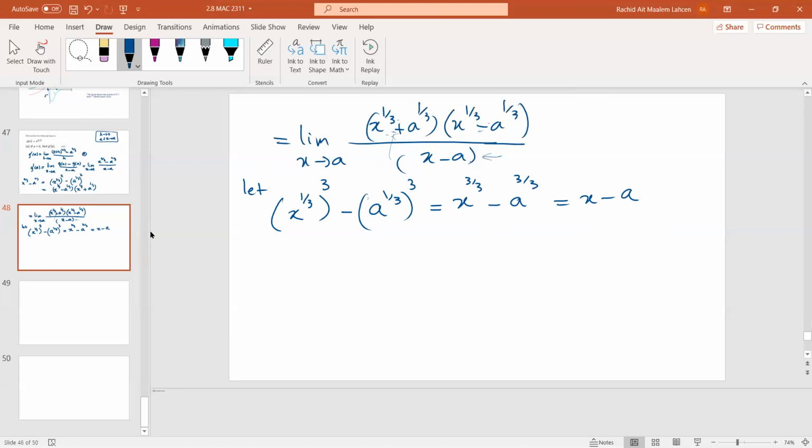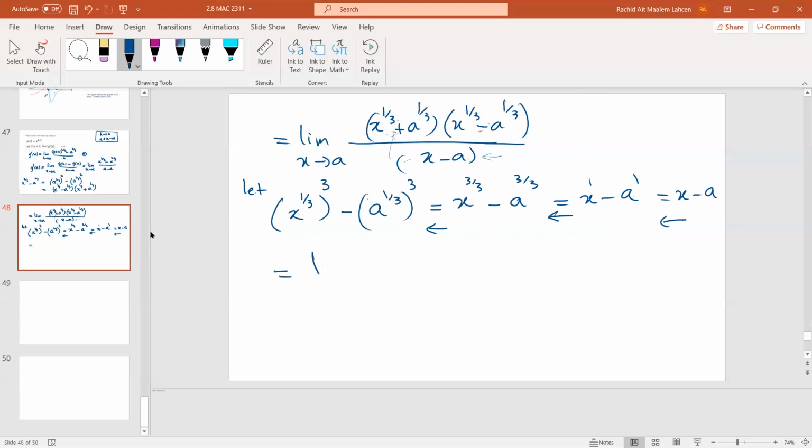So the way we figure this out is by going backward. For x minus a, we know we want the third there, so it has to be 1/3 and 1/3, which is 3/3. Then put the 3 outside, and you get this form. So really, the bottom is a difference of cubes, even though it's not written as a difference of cubes.